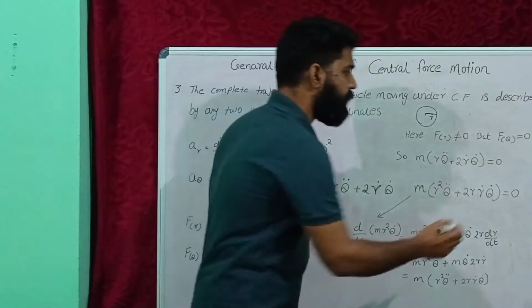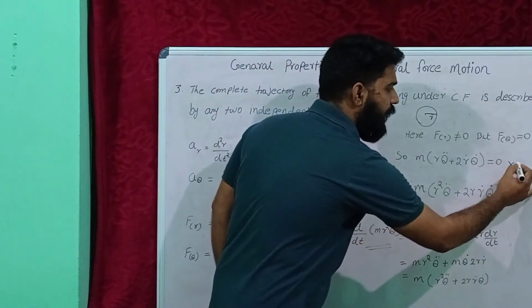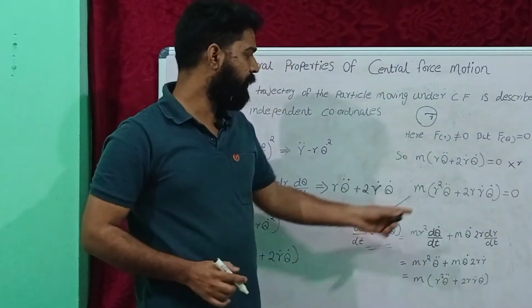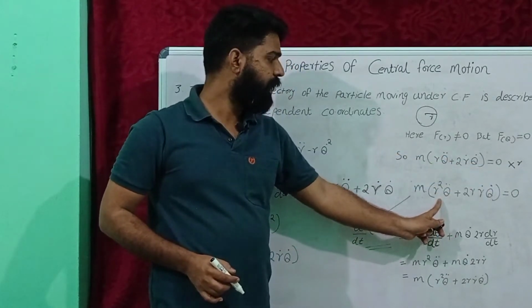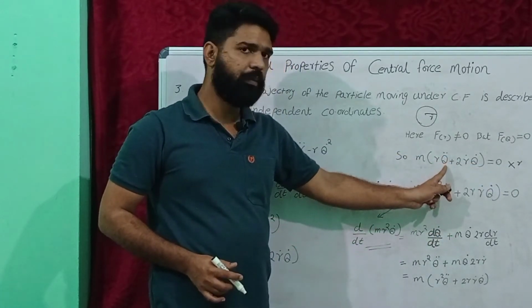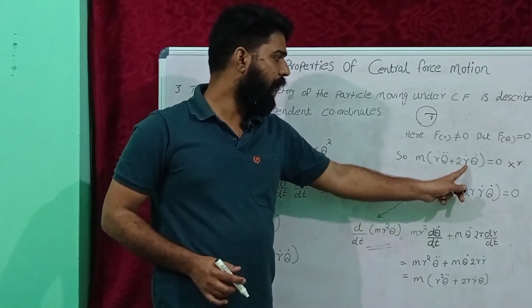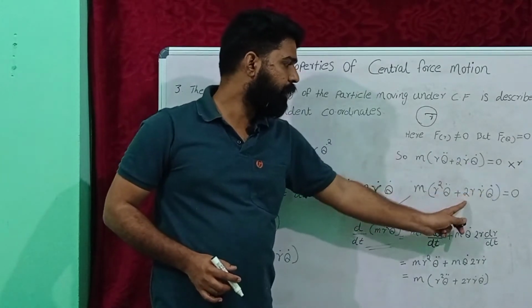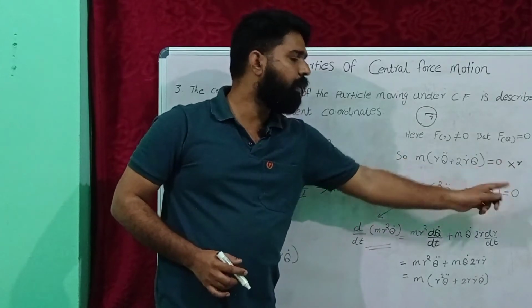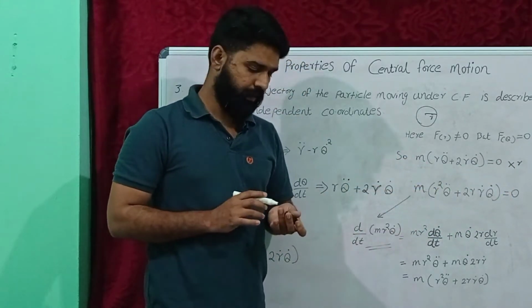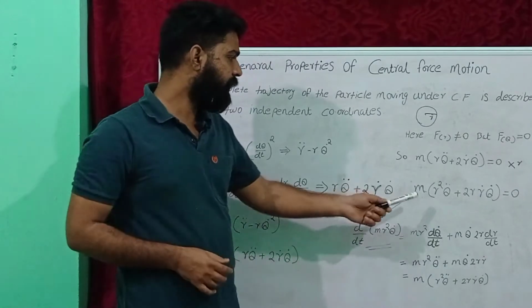If we multiply this equation by r, then we get m (r square theta double dot plus 2r r dot theta dot) equal to r into 0, that is 0.